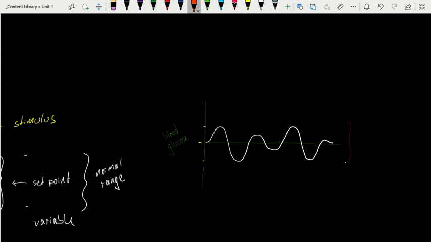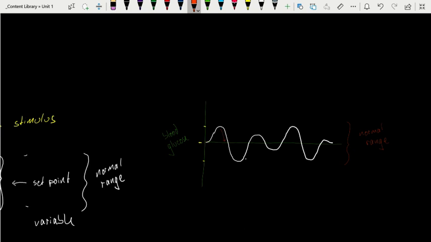And all of this represents some type of feedback. So here we have defined our normal range. Negative feedback occurs as the body brings the variable back to set point. So if I was to look at this graph and identify all of the places where negative feedback is occurring, I would see negative feedback here, going back to set point.